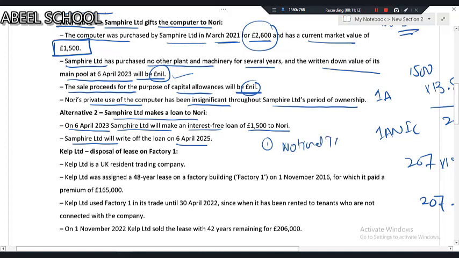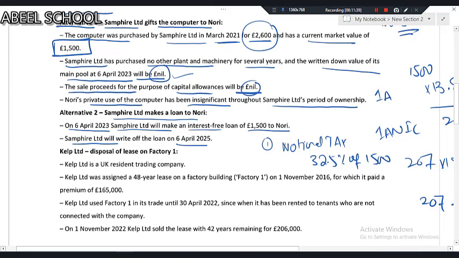The notional tax is 32.5% of 1,500. Repeat, Samphire Limited will be paying notional tax of 32.5% of 1,500 to HMRC, and when the company is going to write off this loan, then the notional tax paid to HMRC will be refunded to Samphire Limited.